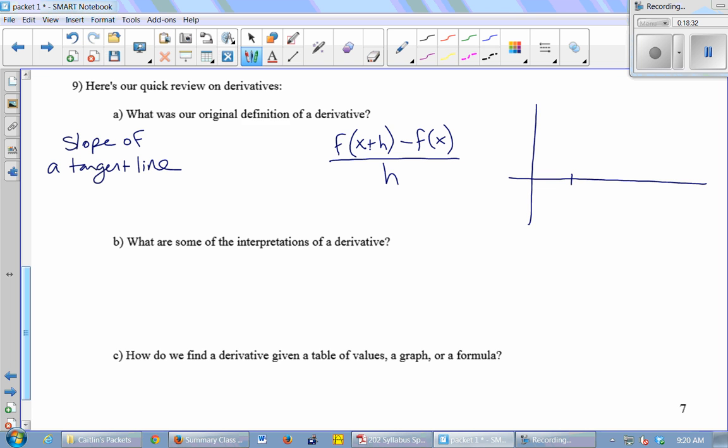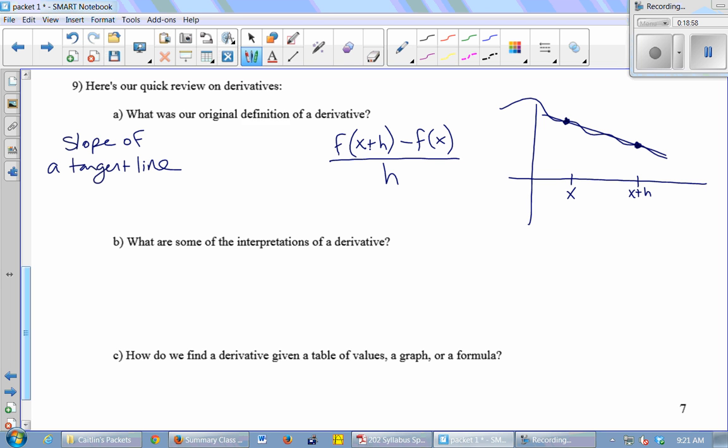So here's someplace x, move some distance to the right h, and you'd land at x plus h, right? And if I have some curve on here, if I connect the points at x and at x plus h and find the slope, that's this formula. F of x plus h is the y value here. F of x is the y value here. Change in y over change in x.